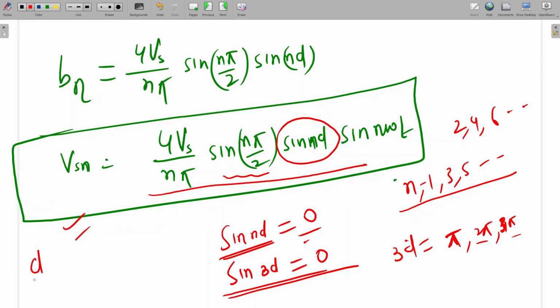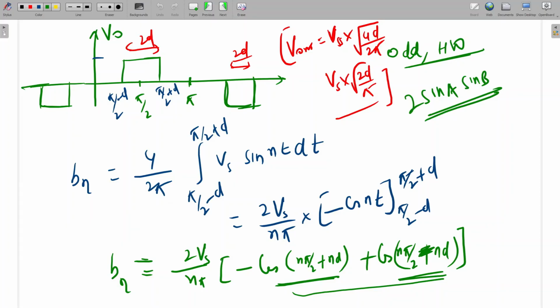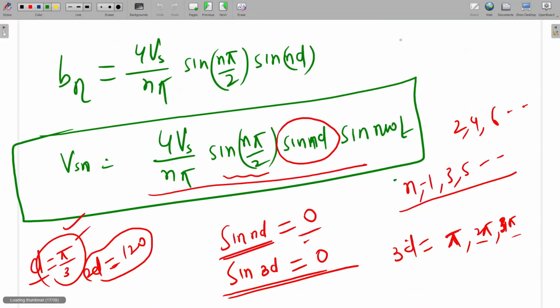So d will be pi by 3, and 2d will be 60, pulse width will be 120. And one condition we have to see here: our 2d should be less than pi. This condition we should satisfy. Other options also we can see, like let's say 2 pi, if 2 pi will be there, so 2 pi divided by 3, how much?